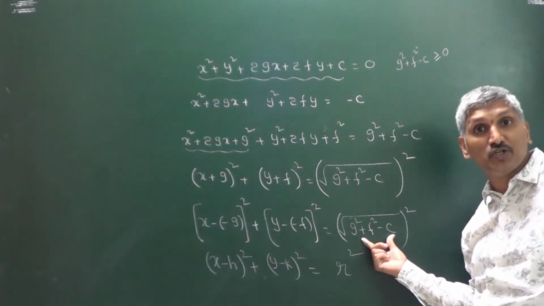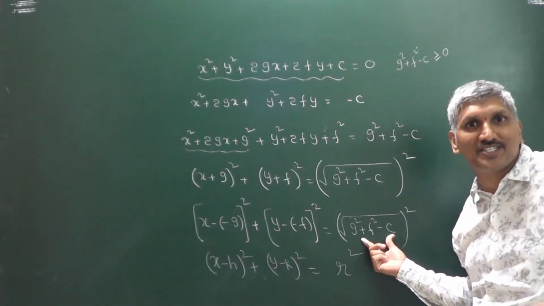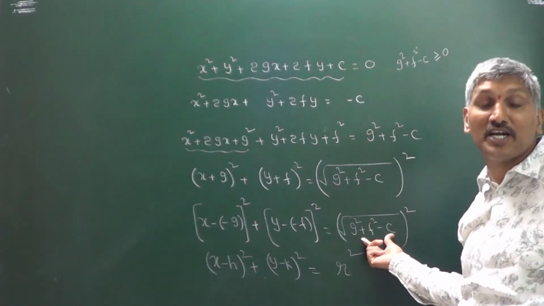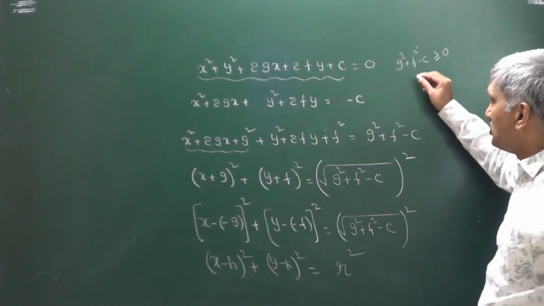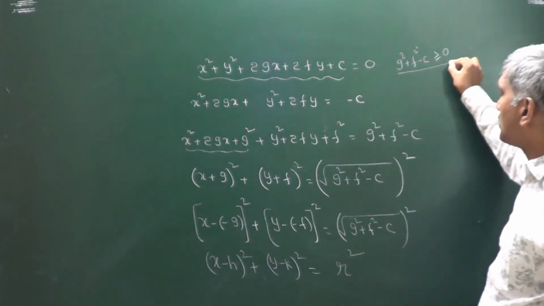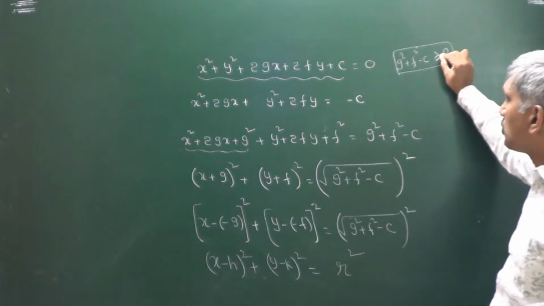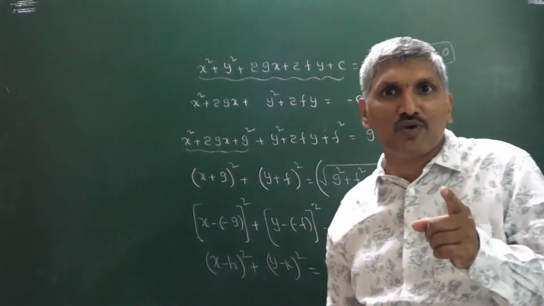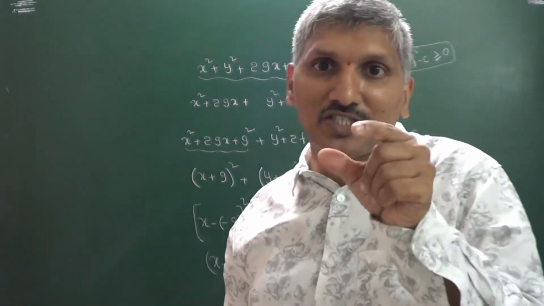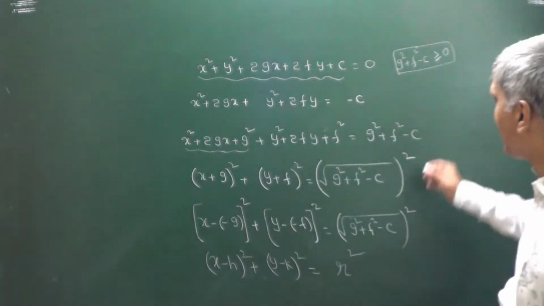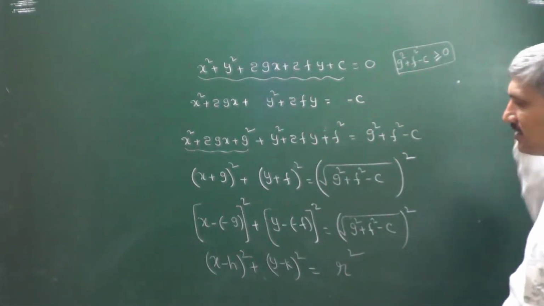If it is negative, the radius does not exist; radius is not possible, we are getting imaginary. That's why g square plus f square minus c is greater than or equal to 0. What happens in the equal to 0 case? If g square plus f square minus c is equal to 0, it represents a point circle.